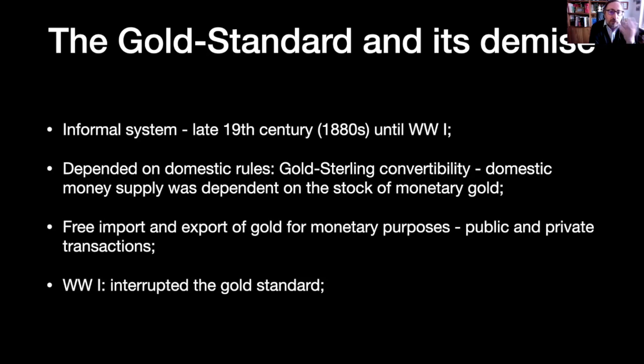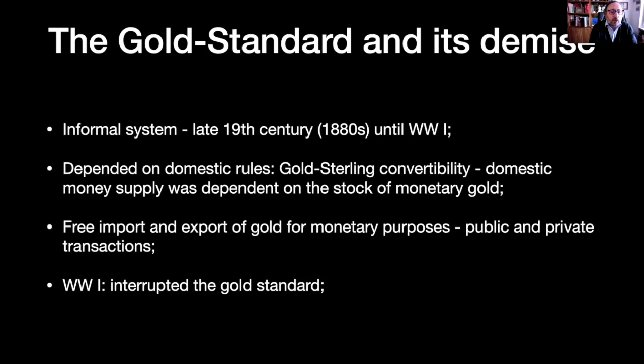So you could be an individual, go to the bank and exchange your money for gold, and then export that gold to pay for imports of, say, a new shoemaking machine from a US manufacturer. So the system was really one where the rules of the game were set by the central banks of the key players in the system.